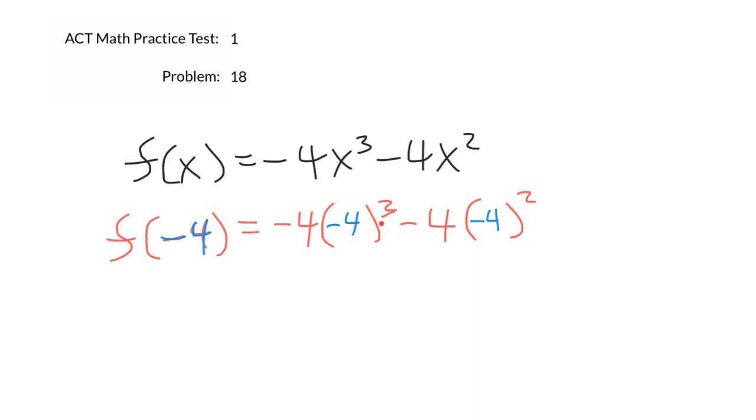The reason I need to worry about that first is because of PEMDAS. PEMDAS is the order of operations. Some of you might have learned a different acronym, but this is a pretty common one, where P stands for parentheses, E for exponent, M for multiplication, D for division, A for addition, S for subtraction.